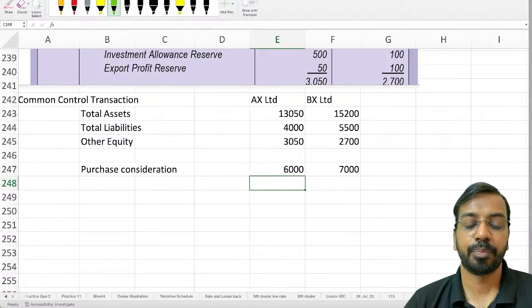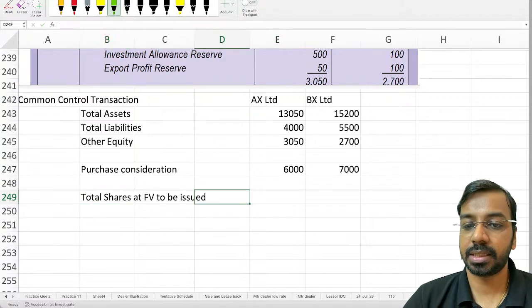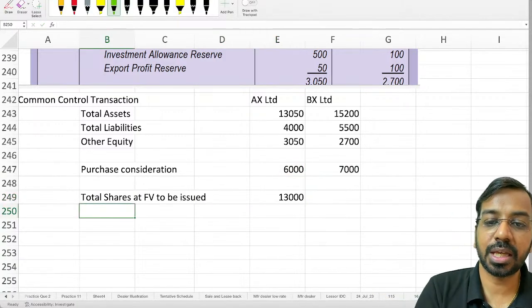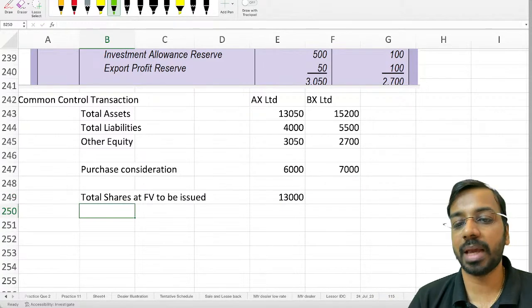Okay. Now, total shares at face value to be issued is 6,000 plus 7,000. Now, if I issue 6,000 to AX and 7,000 to BX, they will not be happy. Why will they not be happy?